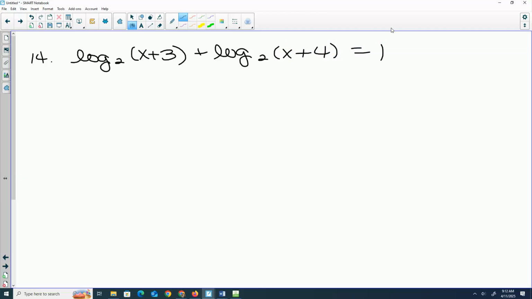Does everything have a log on this one? No. So if we have terms without a log, our strategy is to use the definition to go to exponential form. Before we do that though, we have to have just one log. So I have to condense these. Those logs are added. So when we put them together, we multiply those arguments.